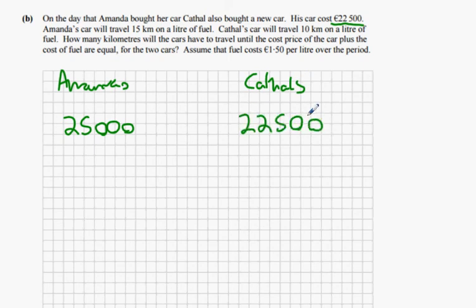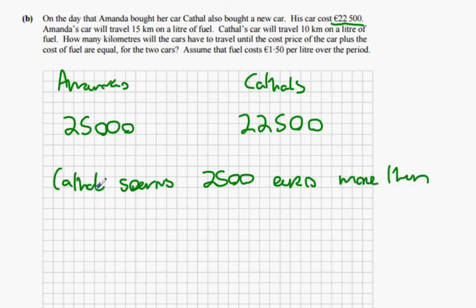The only time they cost the same amount is when Carl spends 2,500 more euro on fuel. So we have to find out when Carl spends 2,500 euro, not 2,500 euro in total. He has to spend 2,500 euro more than Amanda. Okay?